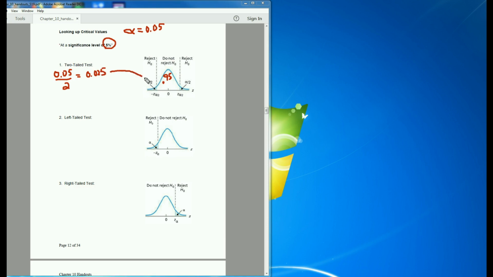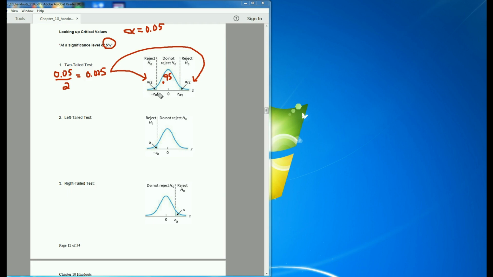All right, so there's 0.025 in the left tail, and there's 0.025 in the right tail. So this situation right here corresponds exactly to doing a confidence interval at 95%.